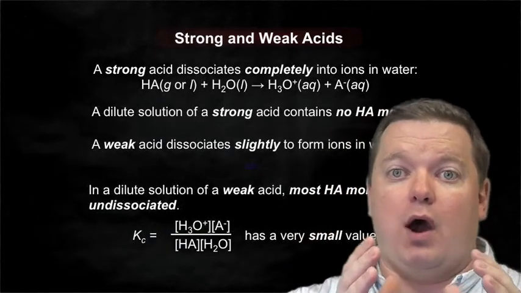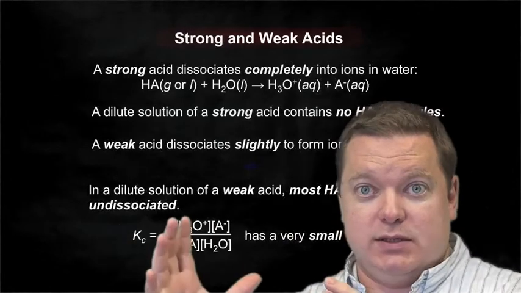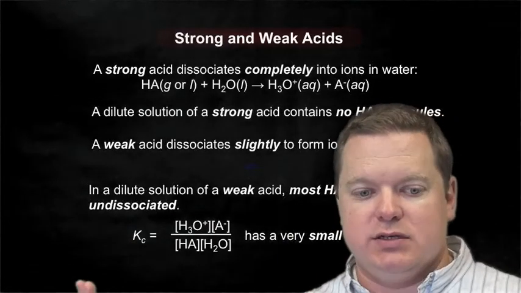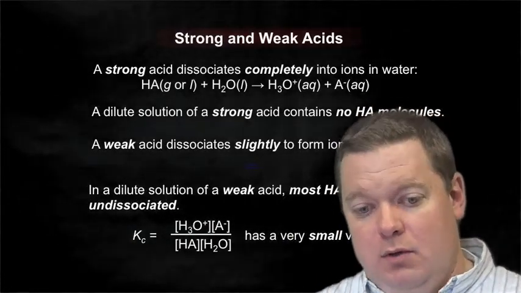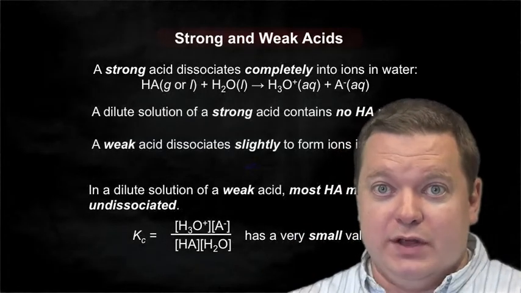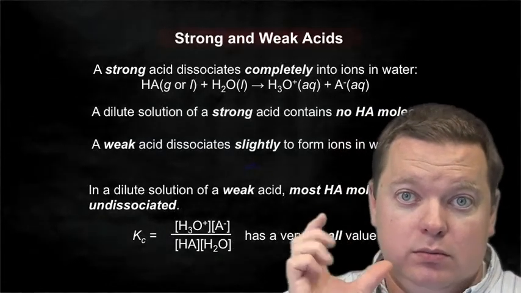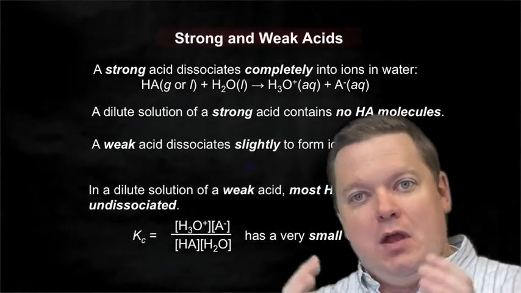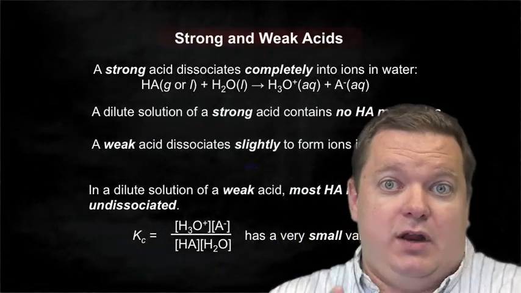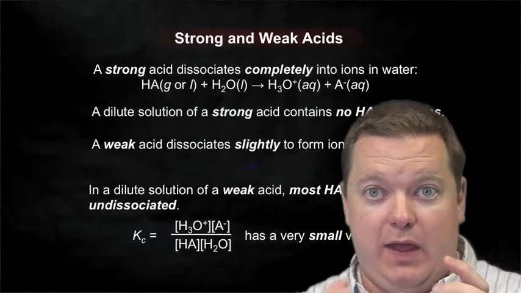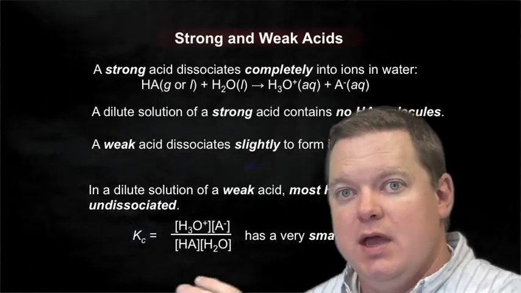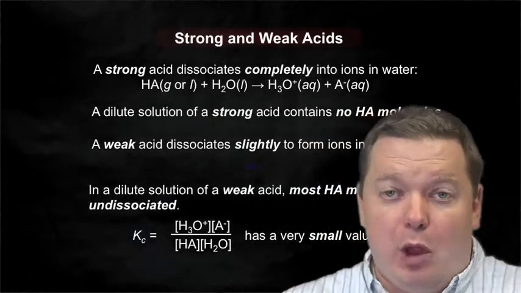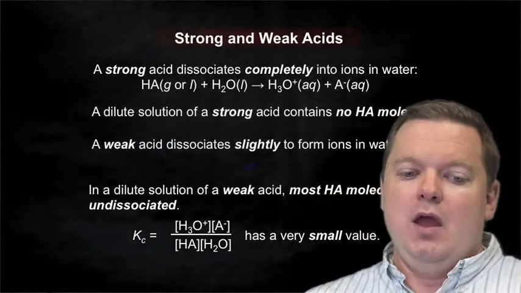When we put it in water, we get H pluses and Cl minus. Completely dissociates. So when we look at the solution, there are no HA molecules. HA is our general definition of an acid. In HCl, even in a dilute solution, there's no HCl. They exist only as H plus and Cl minus, because it's a strong electrolyte.